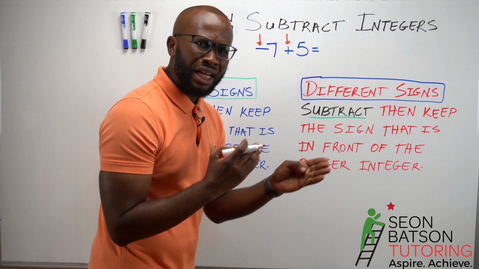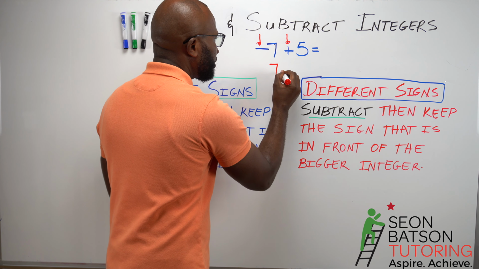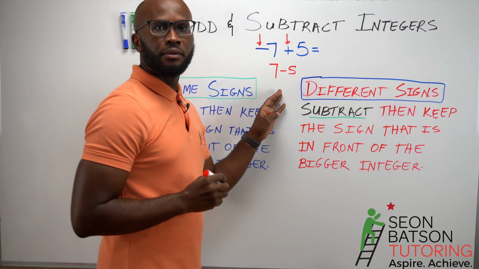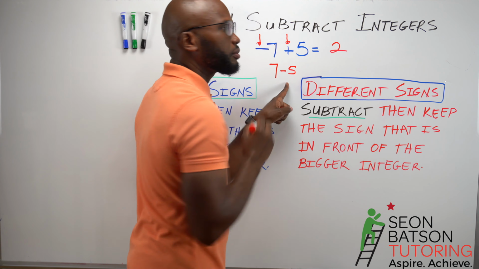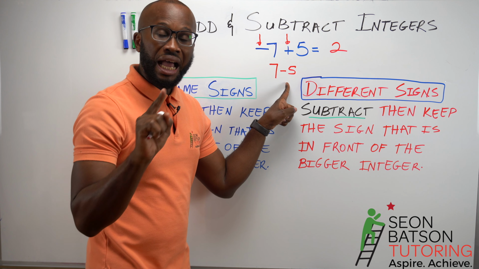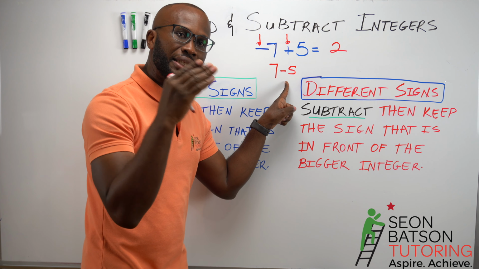Now when we subtract, we will subtract the normal way. We're going to subtract 7 and 5. If I subtract 7 and 5, I will get 2. Now very important, after subtracting, I must do what? I must keep the sign that is in front of the bigger integer.